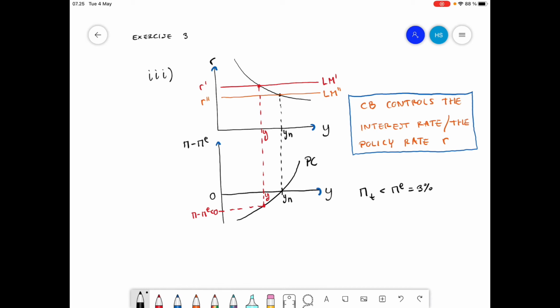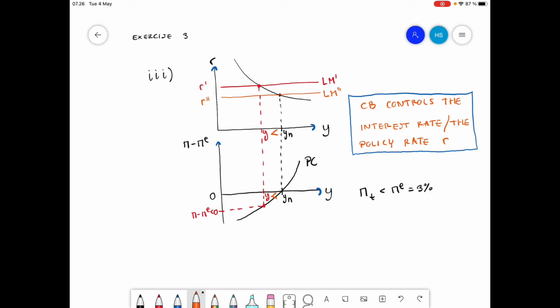When this is the case, we saw that the realized output was lower than the natural level of output. So what should the central bank do if it wants to bring about an increase in the realized level of output, an output level that is actually equal to its natural level of output?